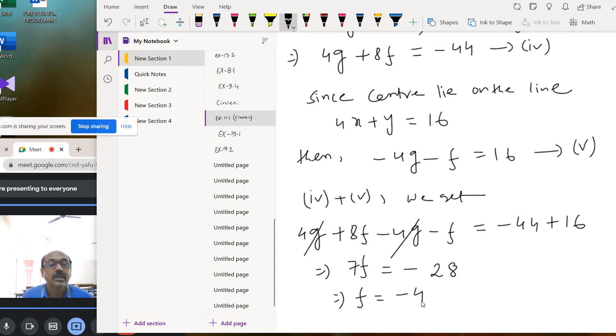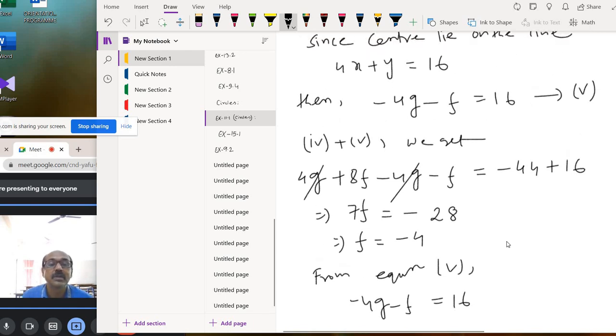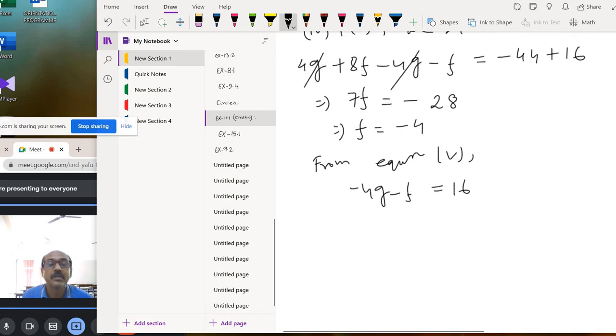Now putting the value of f in equation 5. Equation 5 is minus 4g minus f equal to 16, and f equal to minus 4.